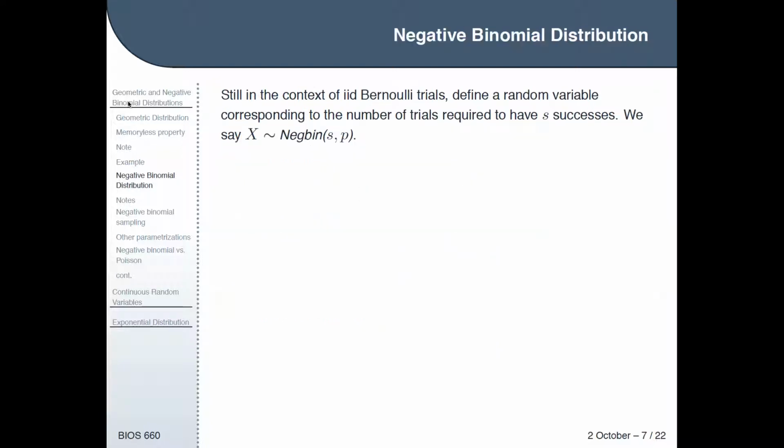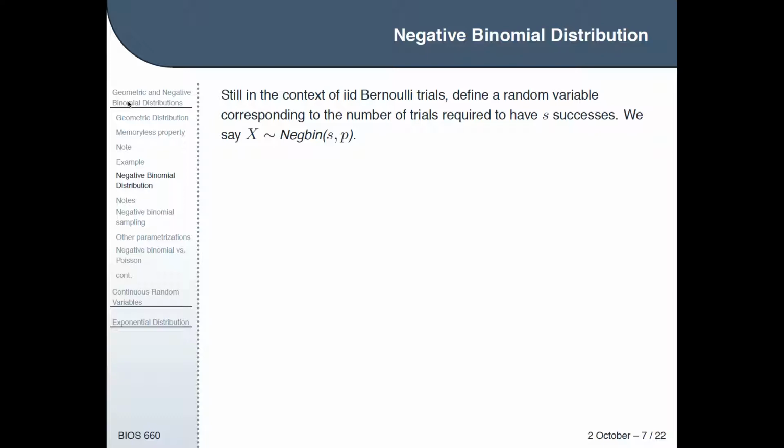Okay. Negative binomial distribution is related to the geometric distribution, but it's a bit more generalized. It's the same idea that you have a series of Bernoulli trials that you repeat until you get a success.